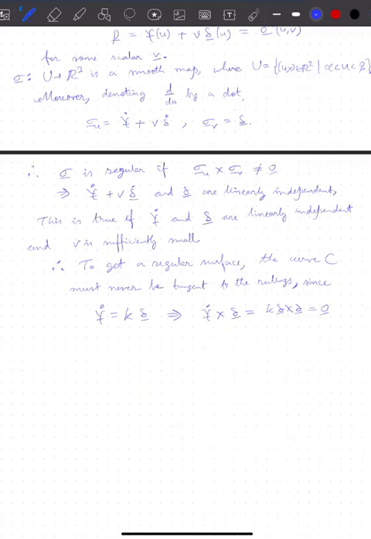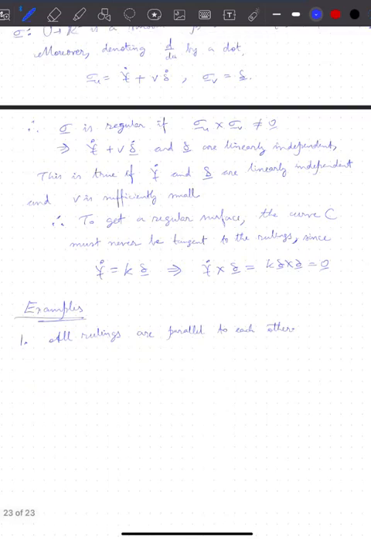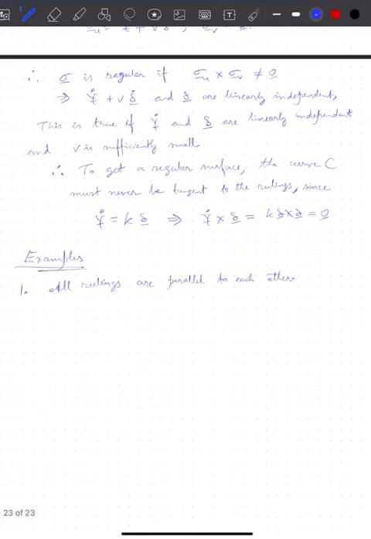Now let's have some examples of such ruled surfaces. Number one: all rulings are parallel to each other. Then the surface S is called a generalized cylinder.